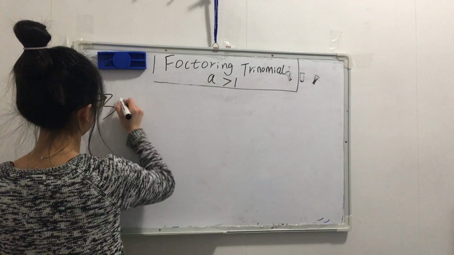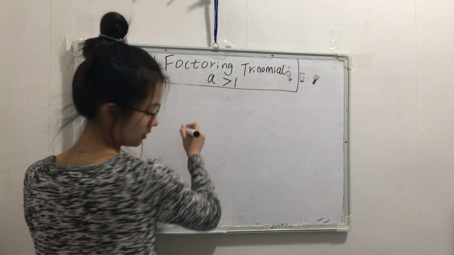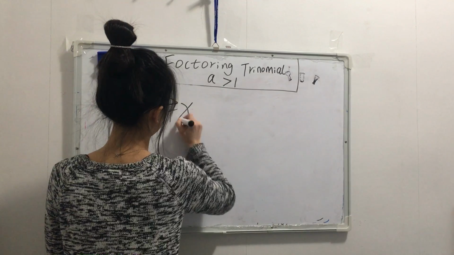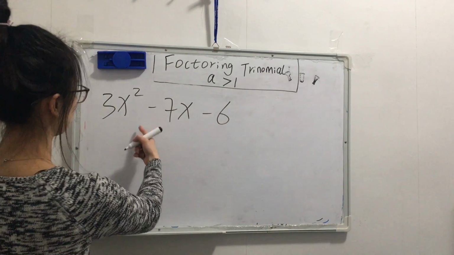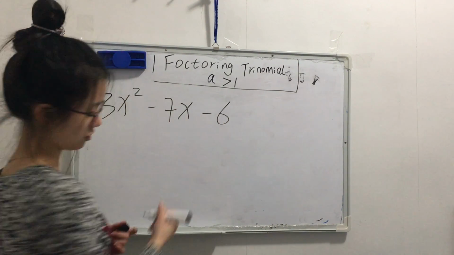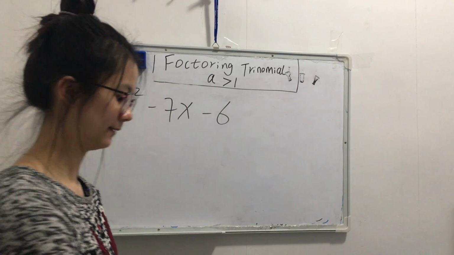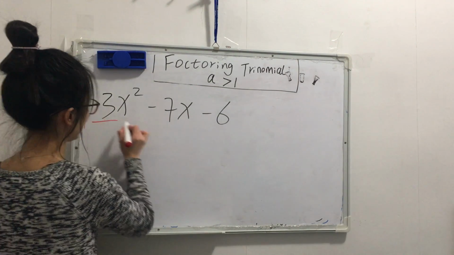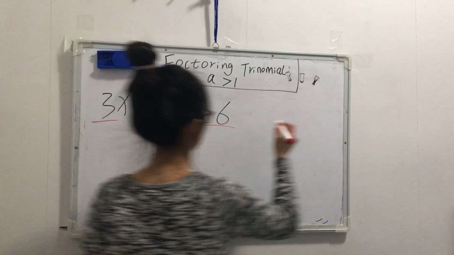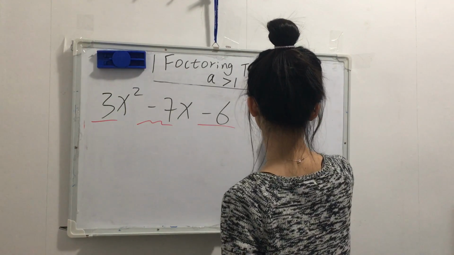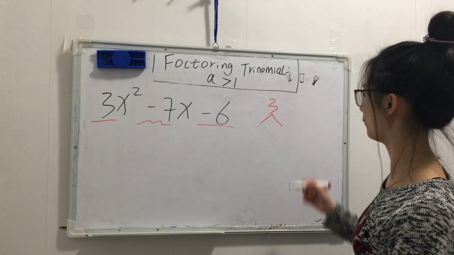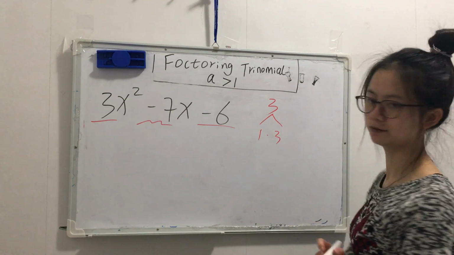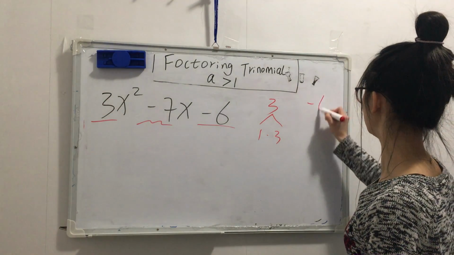Let's try 3x squared minus 7x minus 6. Now both the B term and C term are negatives. Okay. This is the A term, C term, B term. The A term is 3. What are the factors for 3? 1 and 3, right? And then the C term, negative 6.